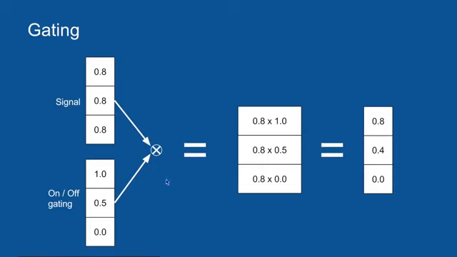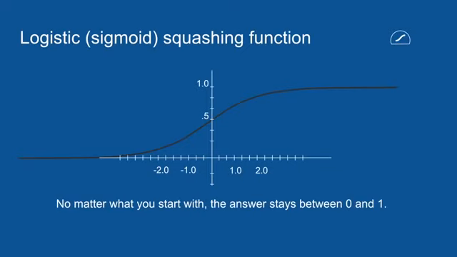With element-wise multiplication, we get 0.8 times 1 equals 0.8. That signal passed right through into the output vector. But for the last element, 0.8 times 0 equals 0. The original signal was effectively blocked. And with a gating value of 0.5, the signal was passed through, but it's smaller. It's attenuated. So gating lets us control what passes through and what gets blocked, which is really useful.